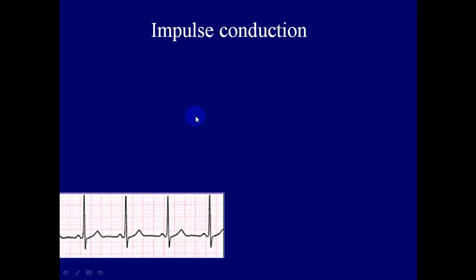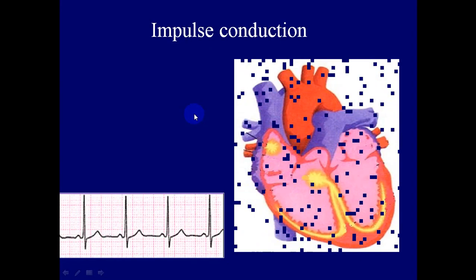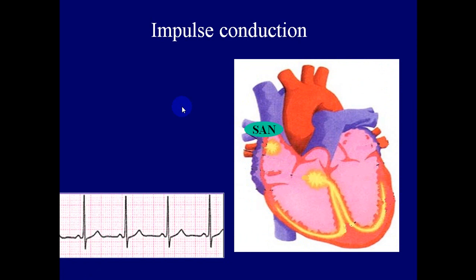So impulse conduction starts from the SA node, the natural pacemaker, the sinoatrial node, through the interatrial conducting system to the atrioventricular node, from it to the infranodal structures, the bundle of His, and then the anterior and posterior fascicles and Purkinje fibers.